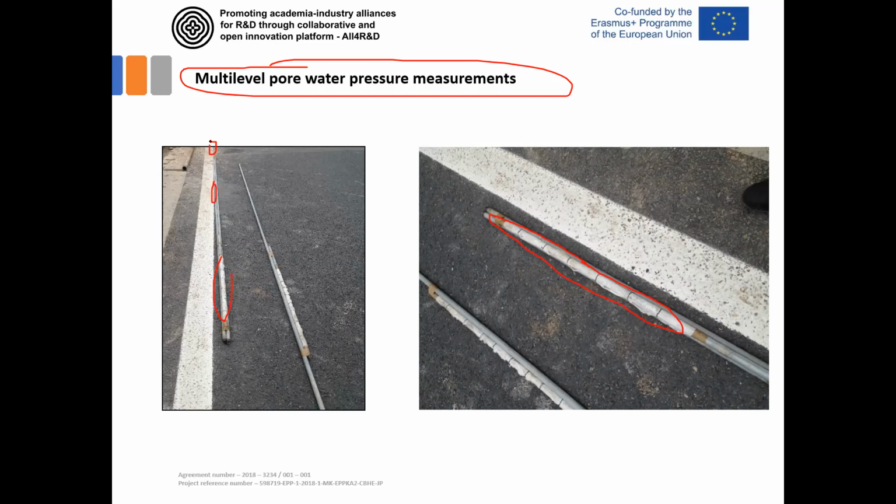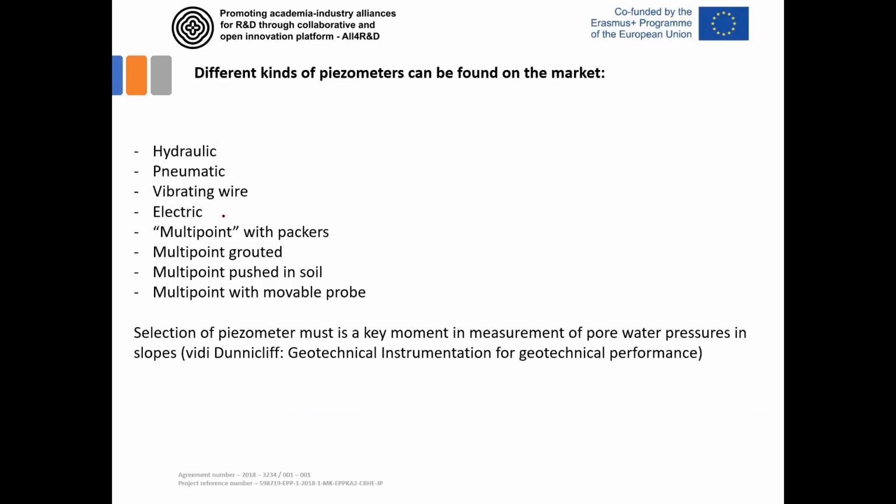Then we put all the installation in one borehole, and around the pipe we pour sand. Up above it we pour a grouting mixture, and again sand, and then grouting mixture. So we isolate the parts where we want to measure groundwater level.